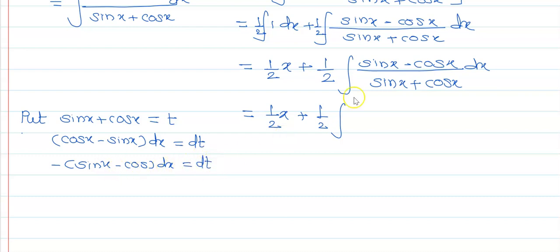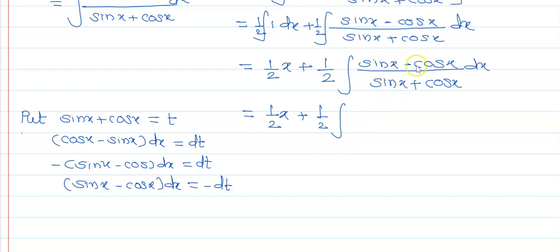Now substitute this value here, therefore sin x minus cos x bracket complete dx is equals to minus dt.